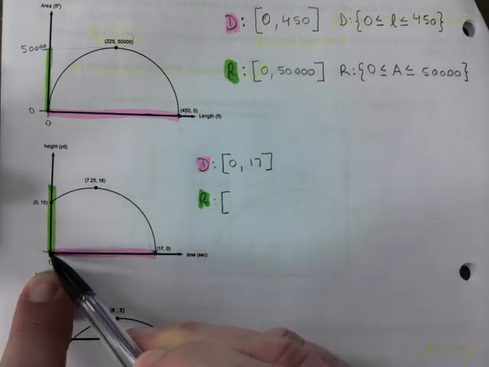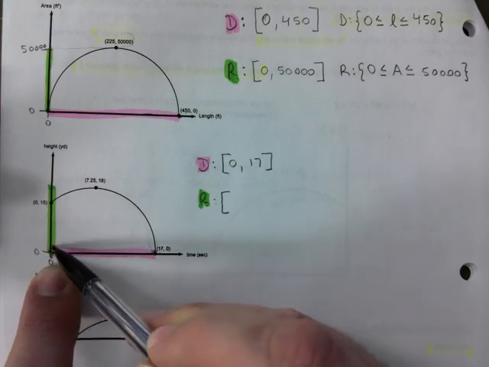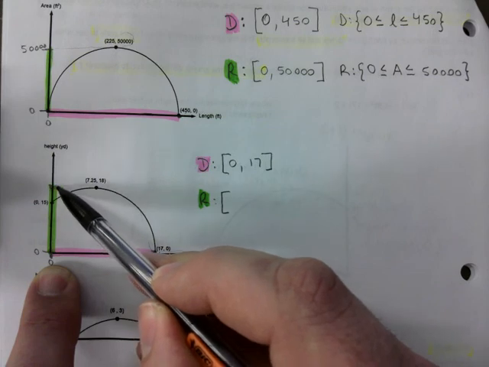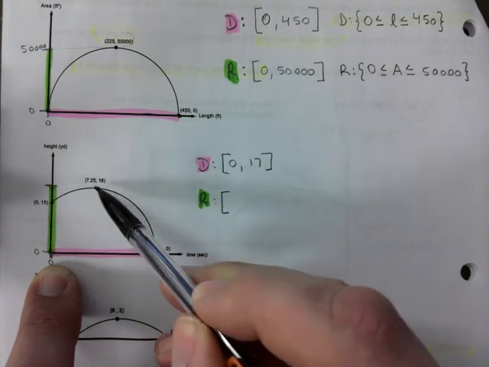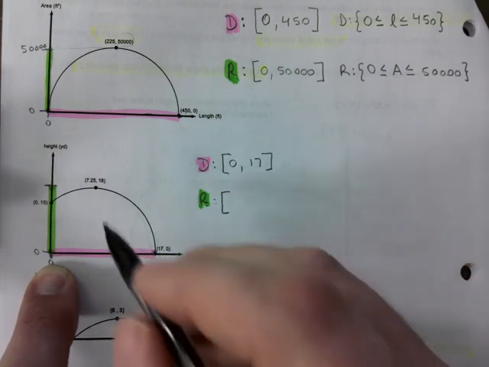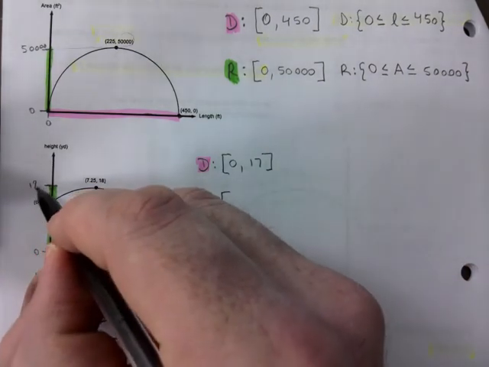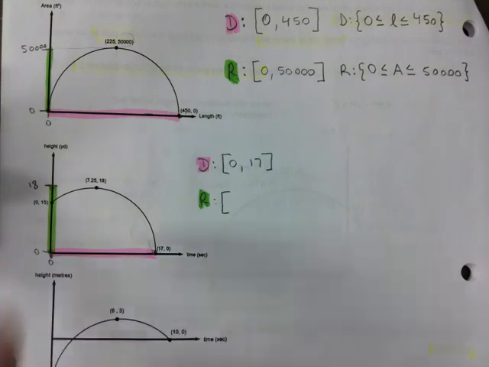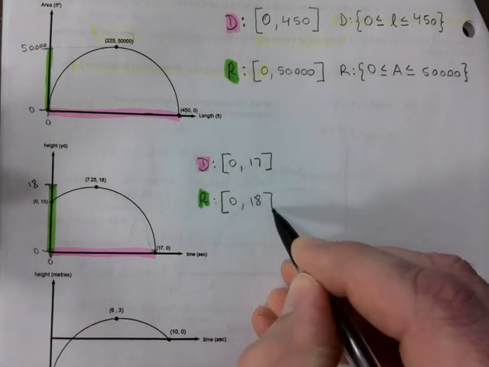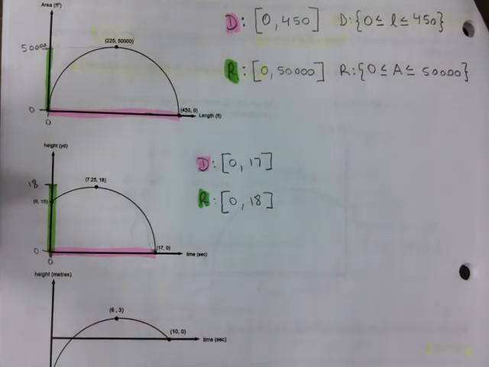So technically, you're starting from 0, you go past the 15 because the curve still exists all the way up to here, where y is so small. Sorry, guys. It looked really big on my computer. 18, right? So you're going from 0 all the way up to 18 when it comes to the y values. Okay.